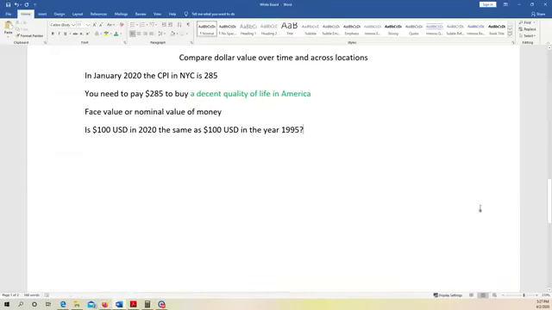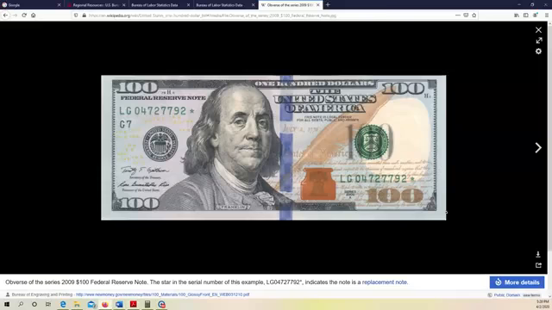So this leads to a different concept, the so-called real value, or the real power of your money. So how do we get the real power or real value of your money? This is also related to the so-called spending power of your money. How powerful is your $100 bill?